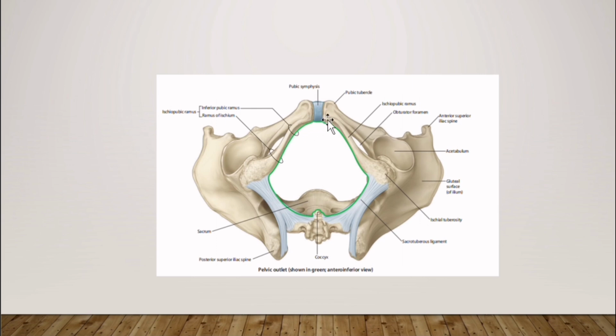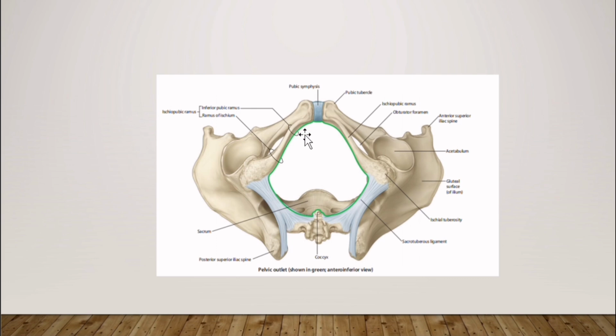This is the pubic arch. The pubic arch is composed of the ischium and the pubis, called the ischiopubic ramus, and the pubic symphysis. They form part of the pubic arch, which is the anterior boundary of the pelvic outlet.